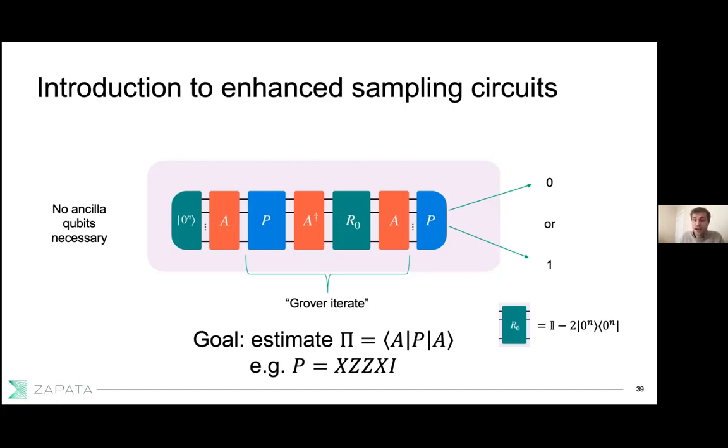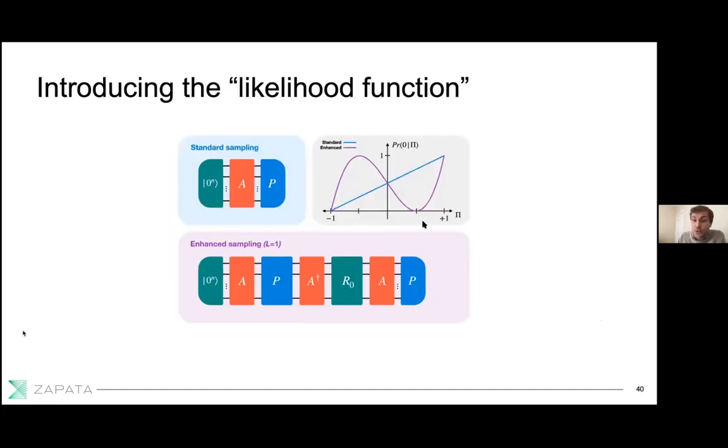So after taking many samples, how do we infer the true expectation value? So the tool that we use to do this is called the likelihood function. And the likelihood function will also reveal to us why this enhanced sampling method is more efficient in gaining information about the expectation value.